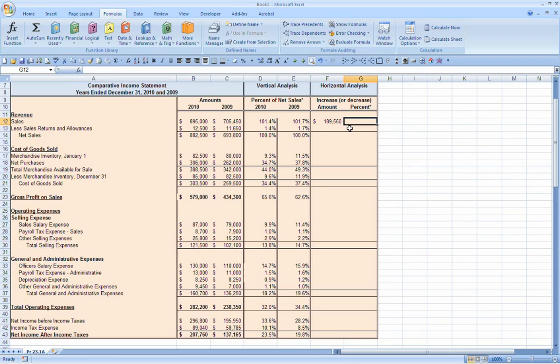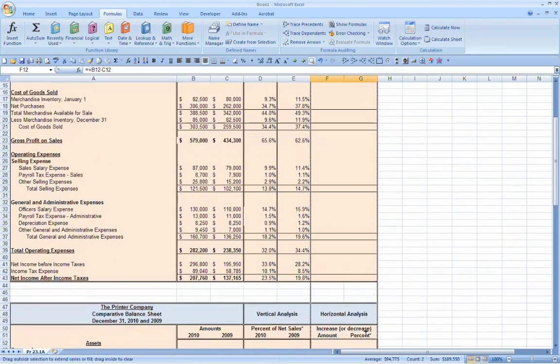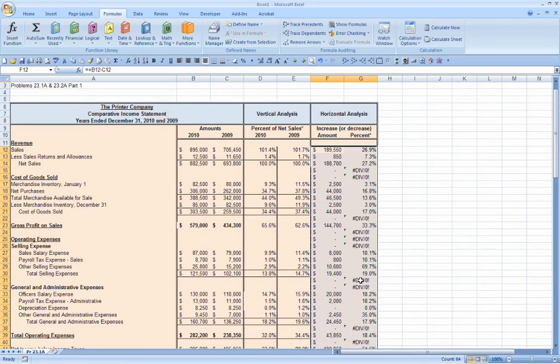What percentage increase did I have over the prior year? Take my increase amount and divide by the prior year amount, the base year, and I get 26.9. That's phenomenal. I had a 26.9% increase in sales. Awesome. And I can copy this down.